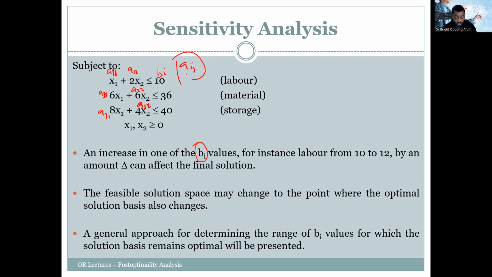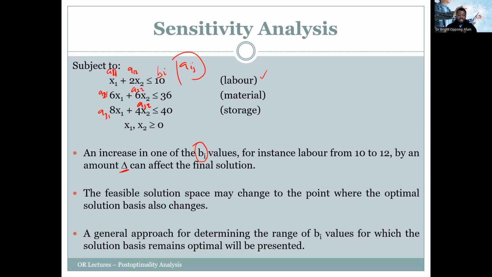Okay, the activity. Assuming there is an increase in one of the BI values, for instance, labor from 10 to 12 by an amount, can it affect the final solution? This is what we want to do. The feasible solution space may change to the point where the optimal solution basis also changes.